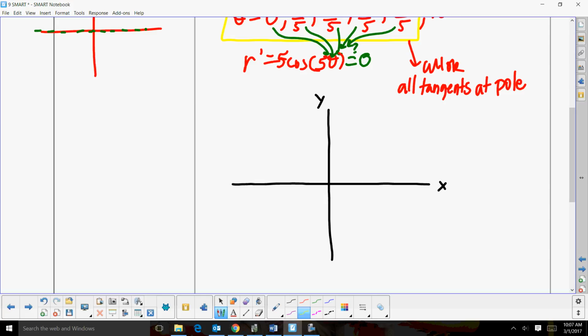So I'm going to sketch the tangents at the pole, which are going to kind of look like asymptotes in a sense. So here, this guy right here is my theta equals 0. And you see how that's also theta equals pi? So that's why we exclude it. It's just repetitive.